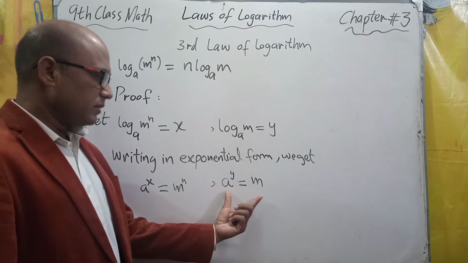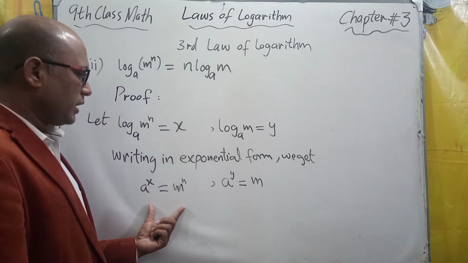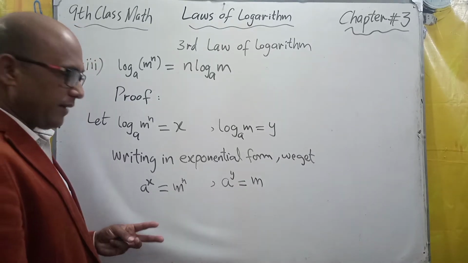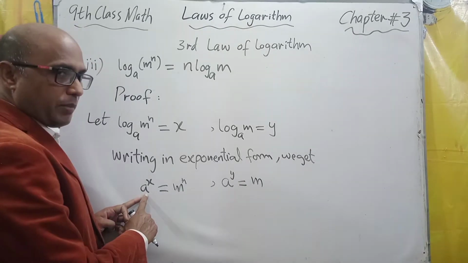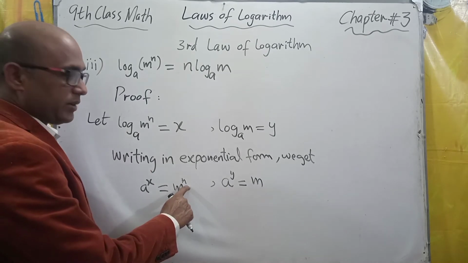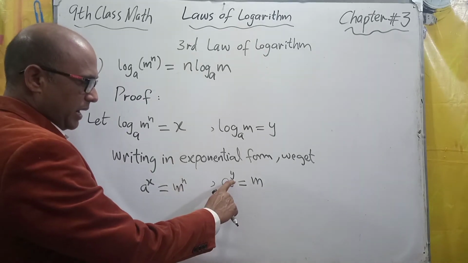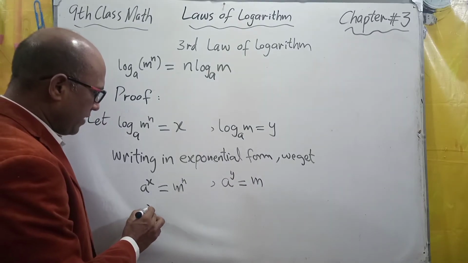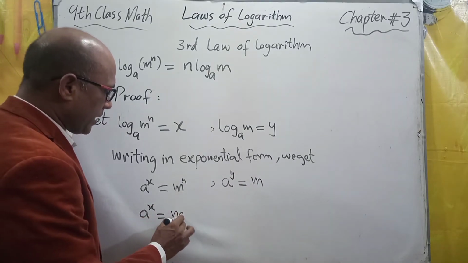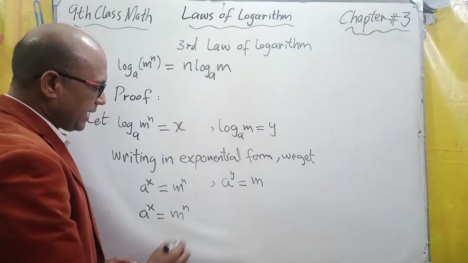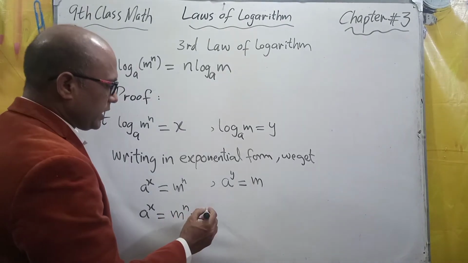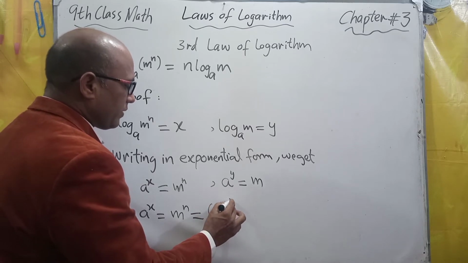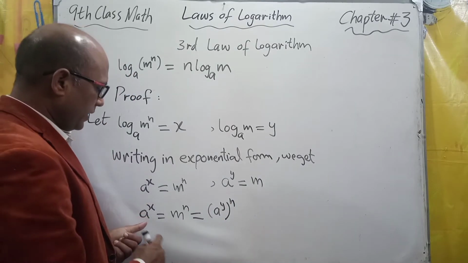Now students, we have turned both of these in exponential form. Now we have to see a power x is equal to m power n and a power y is equal to m. If a power x is equal to m power n, then we can write it equal to a power y whole power n. Look carefully.